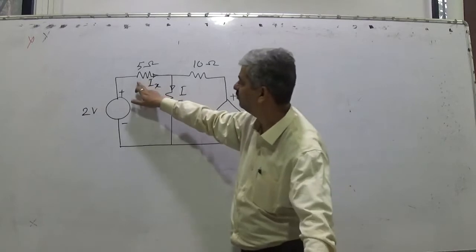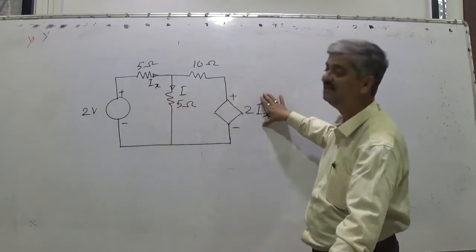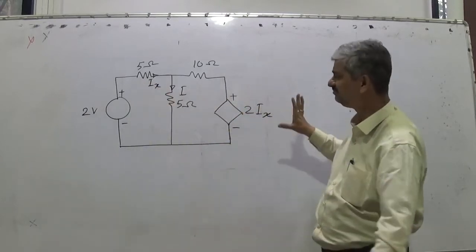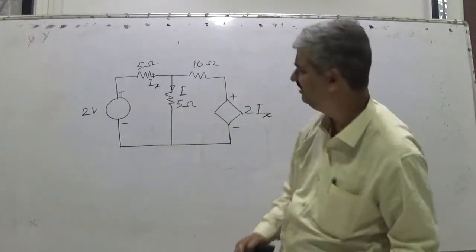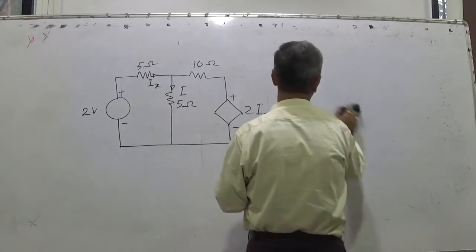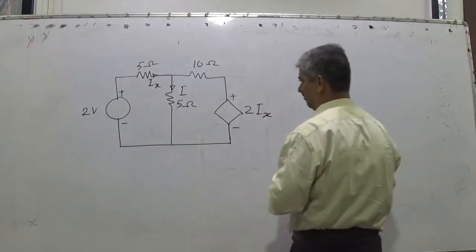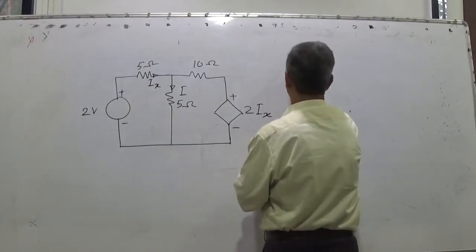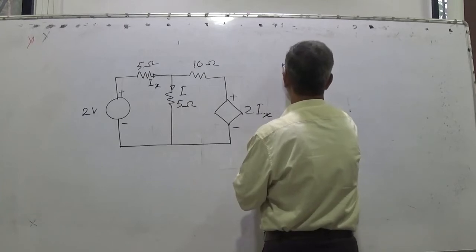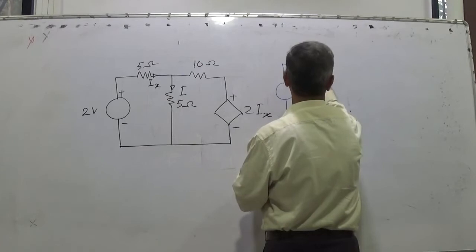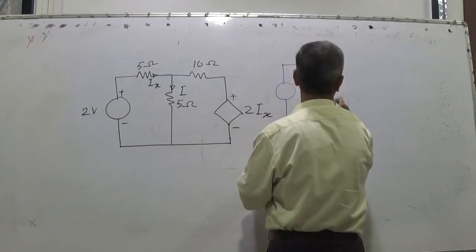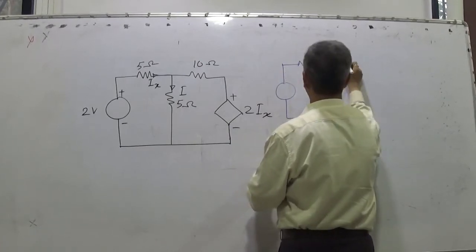If Ix works out to be 3 amperes, this would be a 6 volt voltage source. So there is nothing different. You can solve it just by common sense, a high school level problem. I will give one more problem also. Same thing we can have.